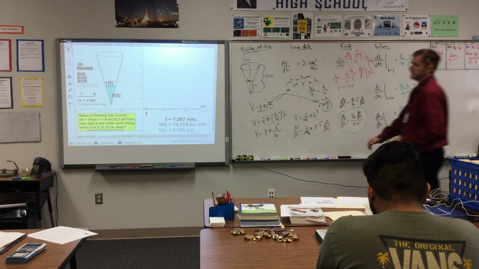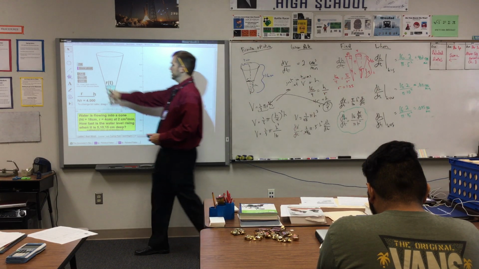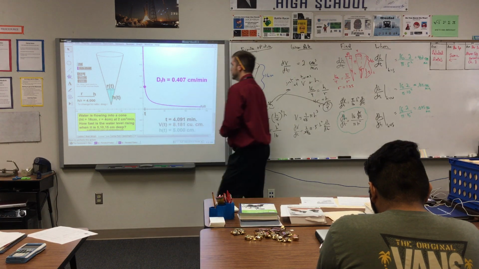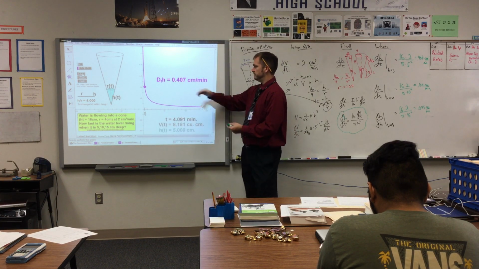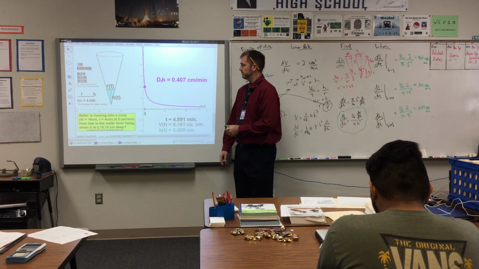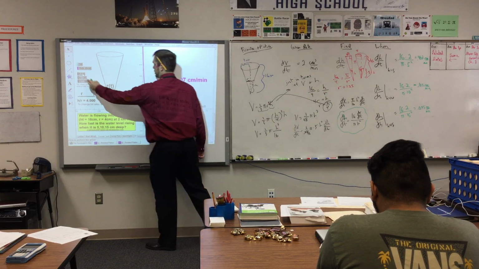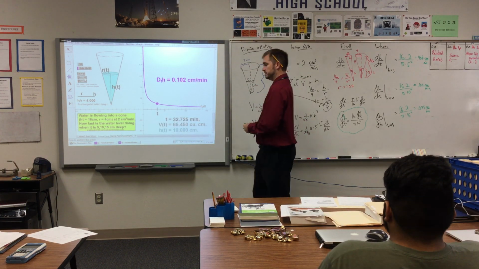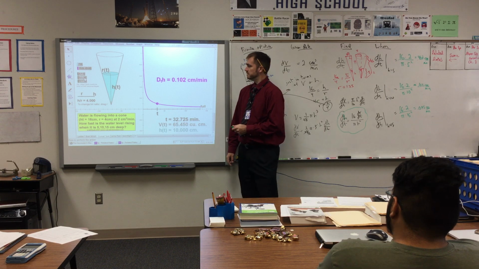All right. Let's see if we did everything right here. So when the height is 5, we had 0.407, which is exactly what we had right there. 0.102. Feeling pretty good about this.